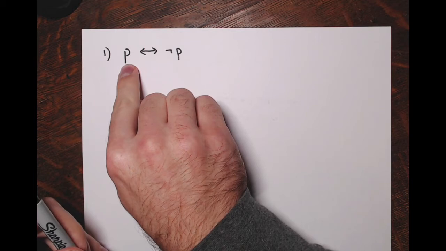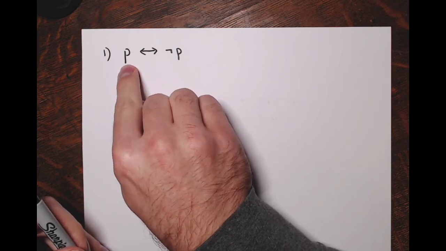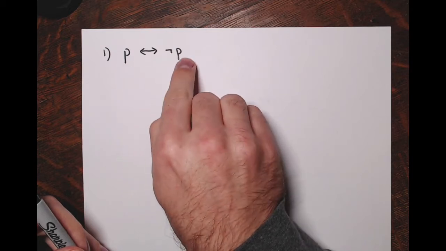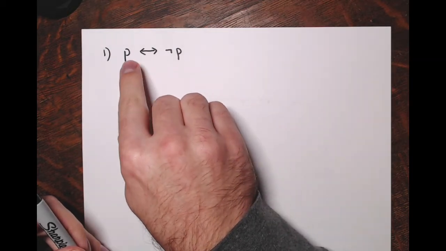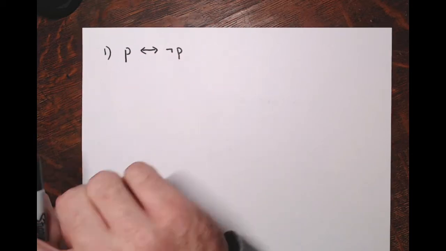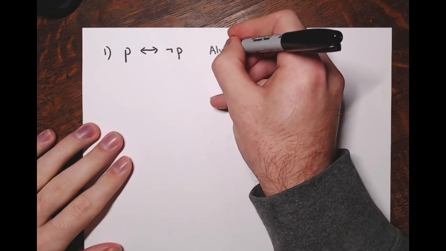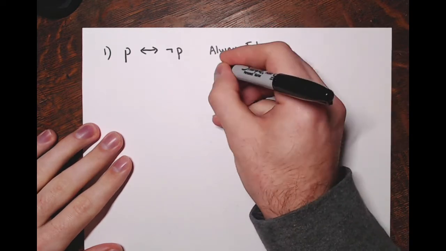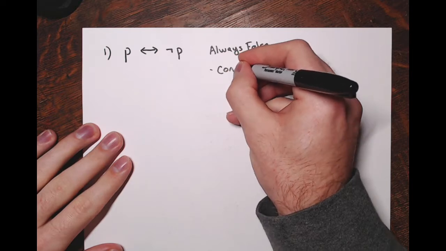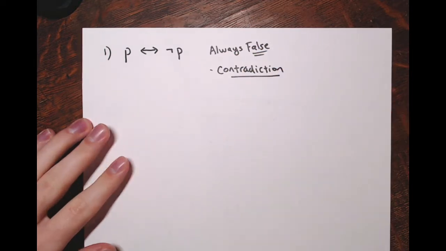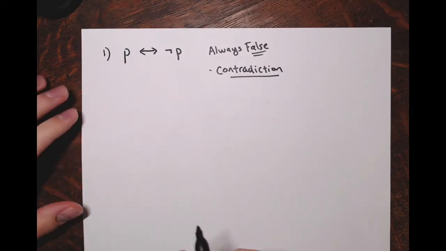Well, P is on one side, not P is on the other. Remember, not P has the opposite truth value of P, so these will never have the same truth value. This is always going to be false, and we'll see that in a truth table. But right now I know this is what's called a contradiction.